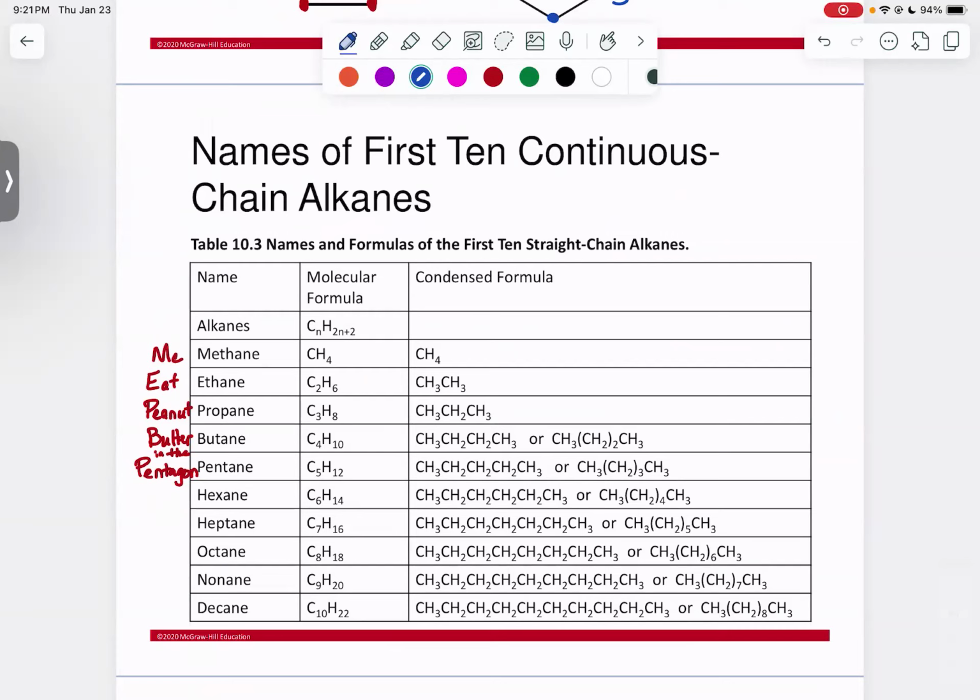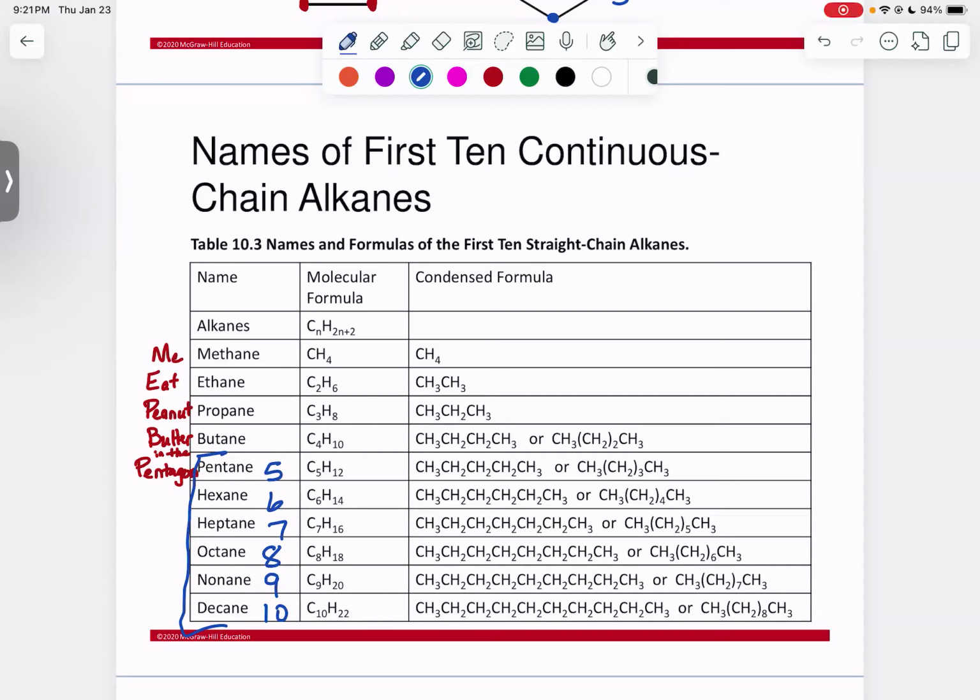When you were naming covalent compounds and you gave those compounds prefixes, these ones down here actually pick up with pentane here. Pent means 5, hex is 6, hept is 7, oct is 8, non is 9, and decane is 10. Those are the same as what you've learned in the past, but the top ones are different.